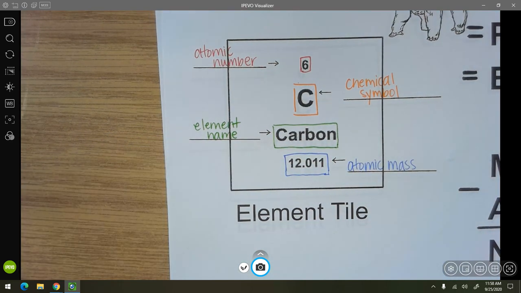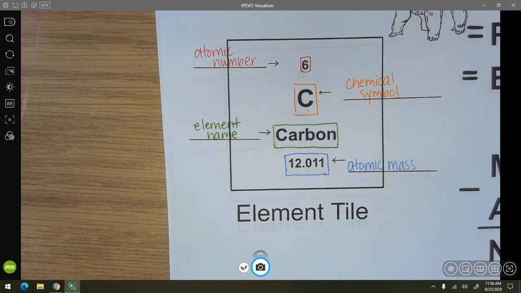So what they do is they take the mass of all the different types of carbon atoms. So remember I told you that you could have more than one type of carbon atom, all right? They're all going to have the same number of protons, but they might have a different number of electrons or a different number of neutrons, and it changes what the mass of that atom is, okay?